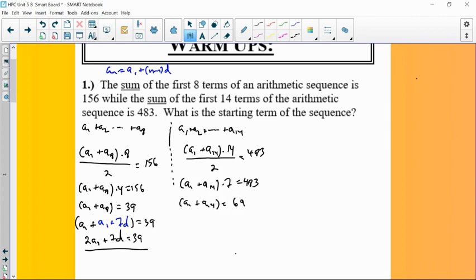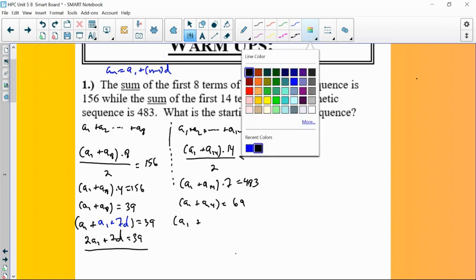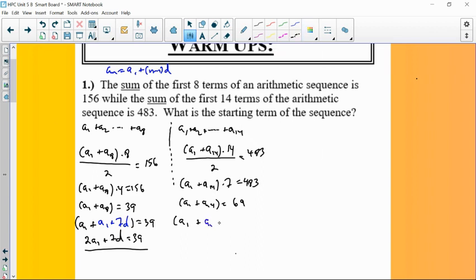And then, just like last time, that 14th term is not as helpful as rewriting it as the first term plus 13 of the differences. So then I have a second equation here, 2a1 plus 13 differences equals 69.